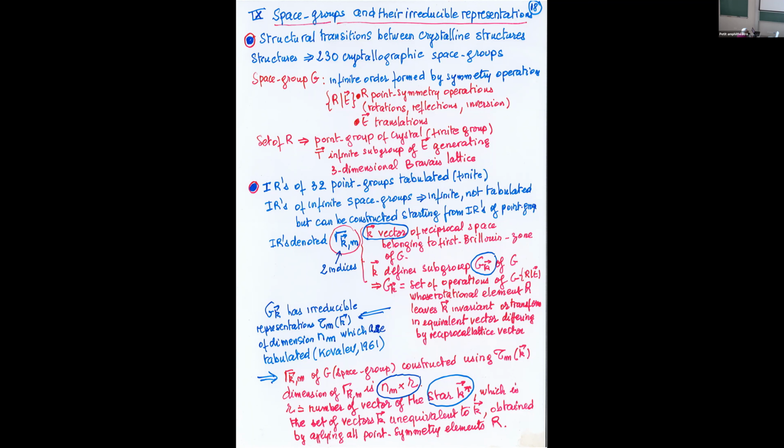So G index K has irreducible representations tau m of K, of dimension n and index m, which are tabulated by Kovalev. Kovalev's book of irreducible representations of G K opened a new era for people working on phase transitions. It was in 1961.